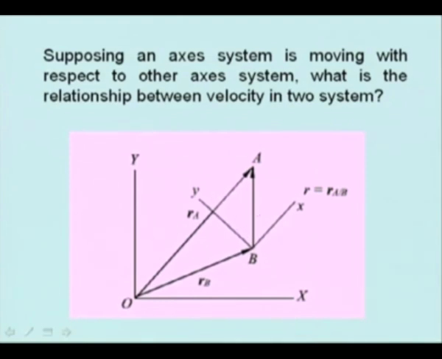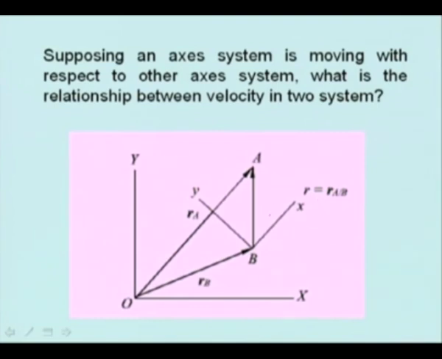Supposing an axis system is moving with respect to another axis system, that is, small x y is moving with respect to the other axis system, capital X capital Y, then what is the relationship between velocities in the two systems?